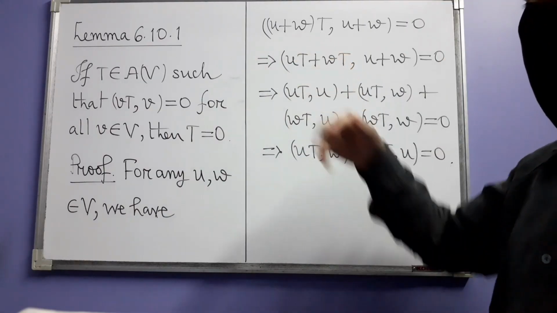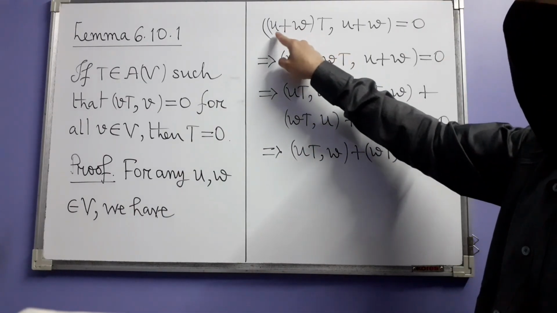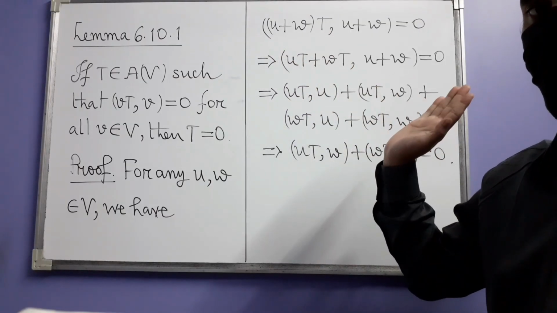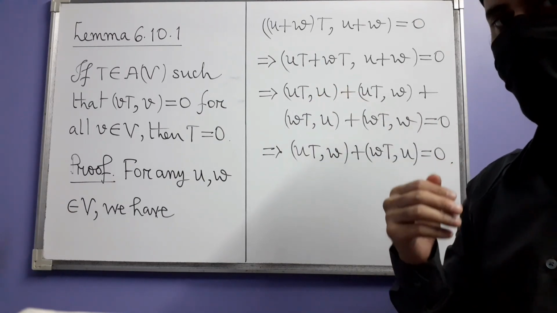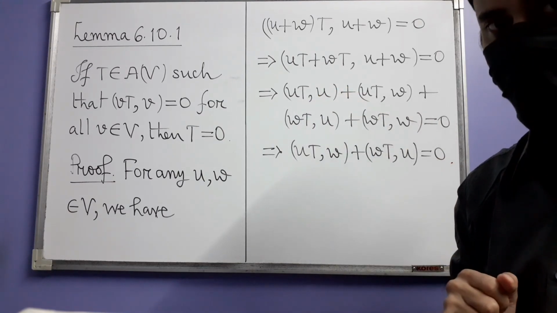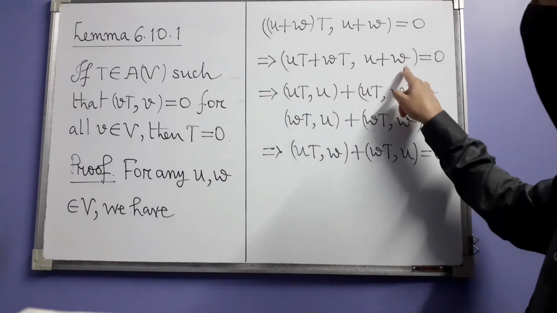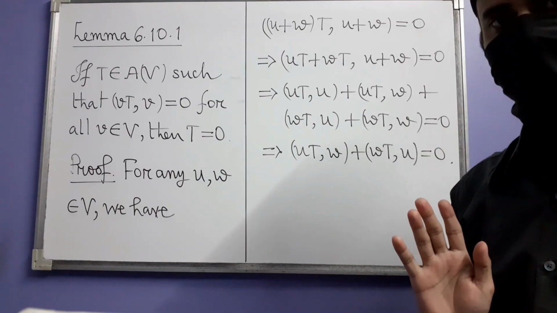Because T respects vector addition, (u+w)T is uT plus wT. Then you expand this inner product using linearity properties of inner products. So that way you get (uT, u) plus (uT, w) plus (wT, u) plus (wT, w).